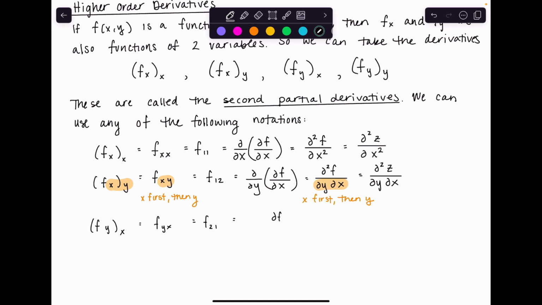And so here we started with the partial with respect to y, and then we were finding the partial with respect to x. So we're taking two derivatives of f, first with respect to y, then with respect to x, or instead doing z.